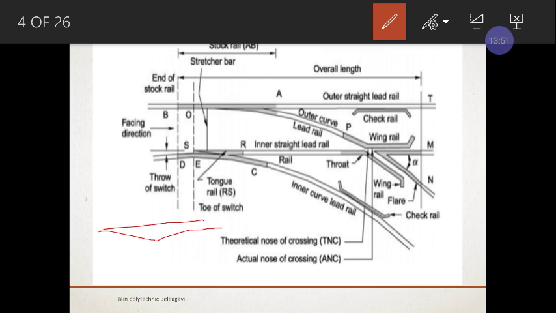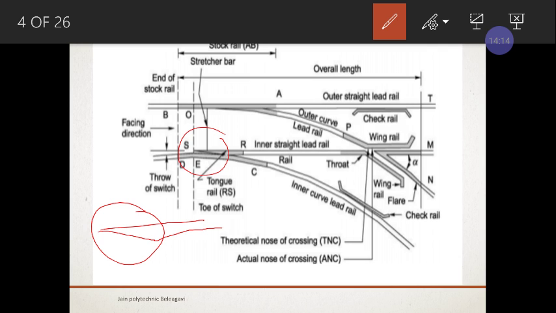Right, the same, this tapered portion you can see here, right? The rails which have a tapering section at one end, that portion is called the tongue rail.